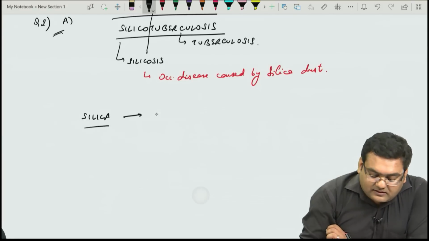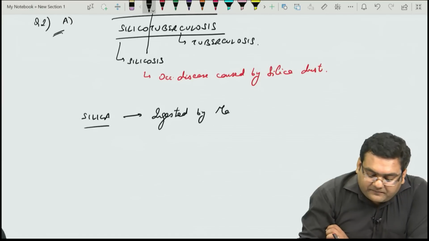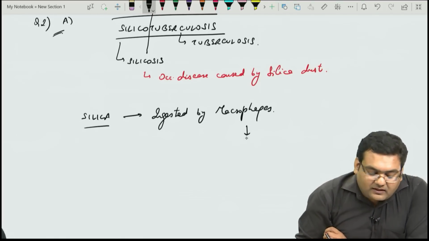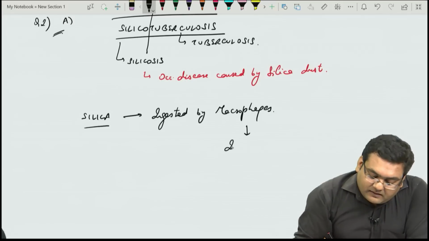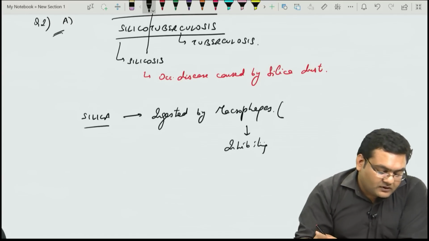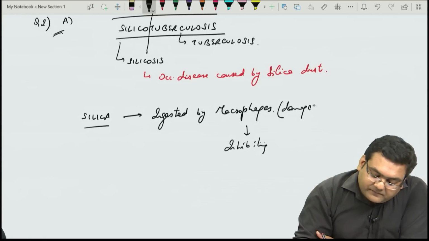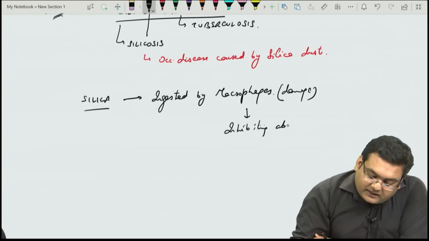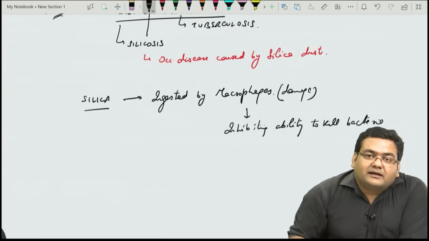Silica dust gets ingested by your alveolar macrophages, causing their damage, which leads to inhibiting their ability to kill bacteria.